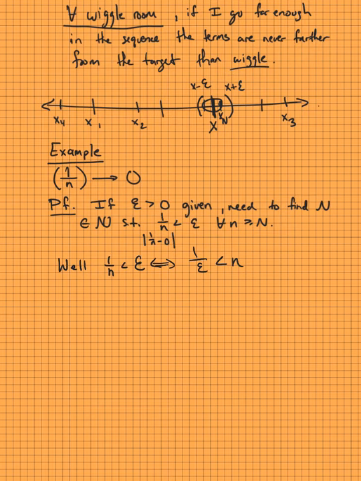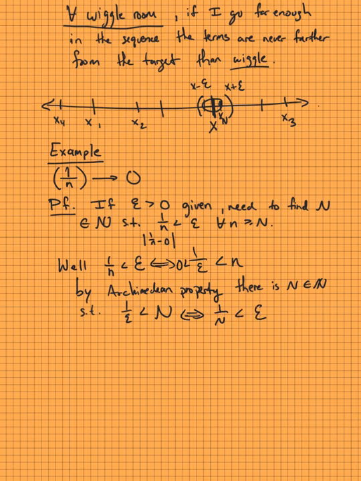Well, 1 over epsilon is greater than 0, and what this means is, by the Archimedean property, there is an N in the naturals so that 1 over epsilon is less than N. Therefore, this is if and only if 1 over N is less than epsilon.